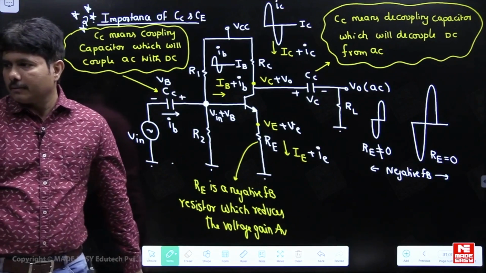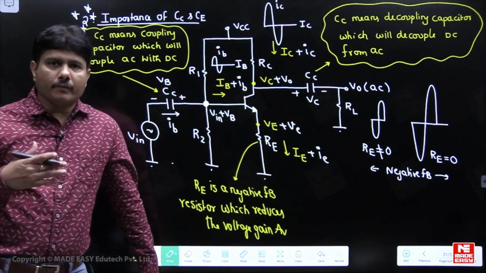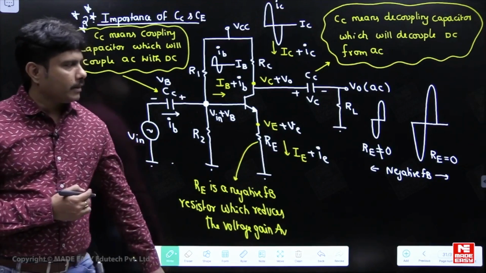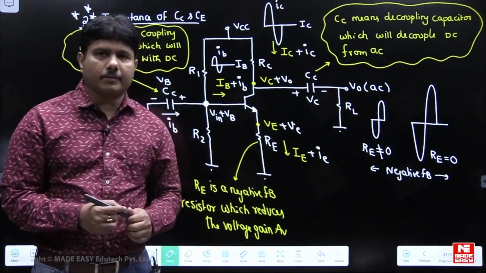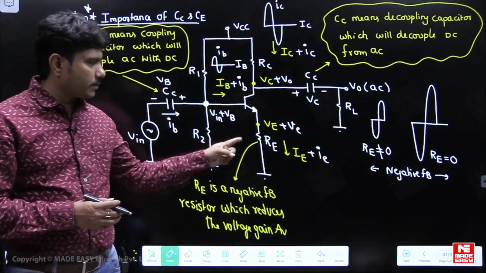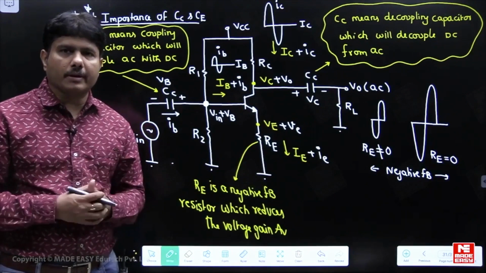So if anybody doesn't want the negative feedback effect, you want more output swing. If you want more output swing, suppose in the class, ज़्यादा swing चाहिए आपको, then I think a resistor को हम zero बनाना. A resistor को zero कैसे बना सकते हैं?